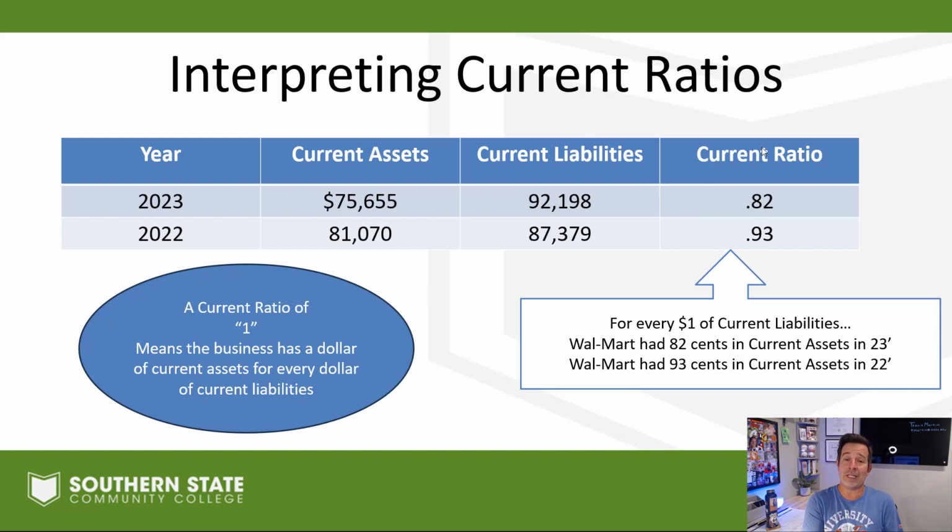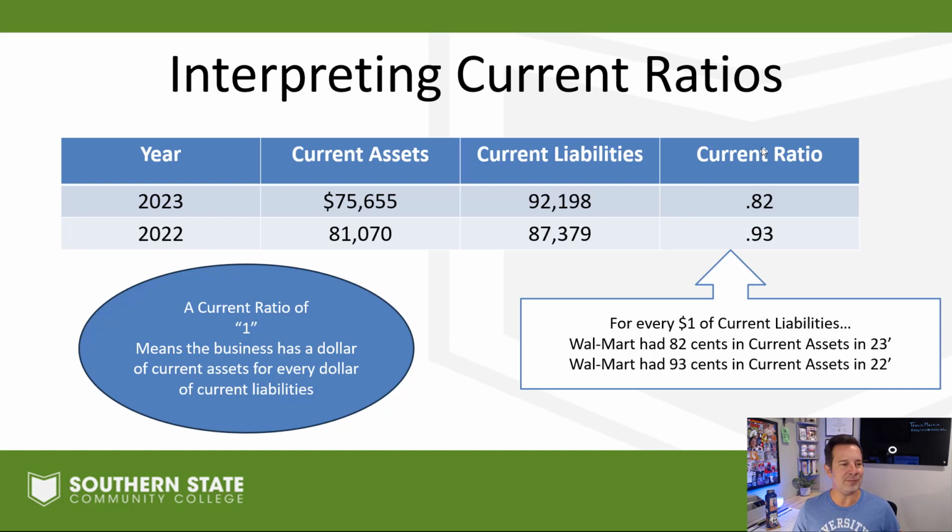We do see that the ratio is going down a little bit, but we'd want to maybe calculate a few more years. We want to maybe compare it to Target, Costco, Amazon, maybe some other businesses in the industry and see exactly where Walmart stands. But for right now, Walmart is a pretty financially stable company.